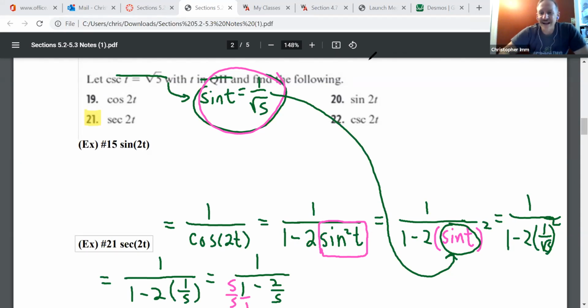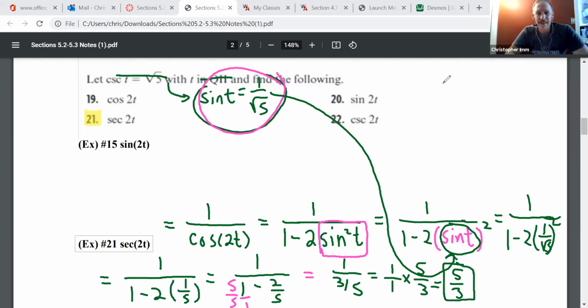Then that will give me 5 minus 2 over 5, which is 1 over 3/5, right? And then I'll take the reciprocal. When I have a complex fraction, I just take the numerator 1 and multiply by the reciprocal of the denominator, 5 over 3. And so that should be 5/3 for secant of 2t.